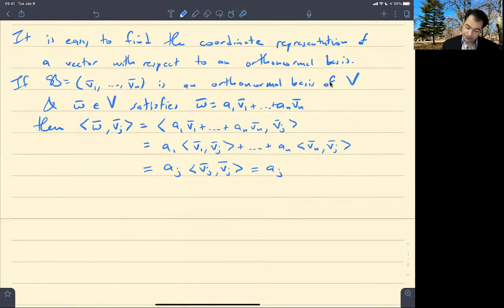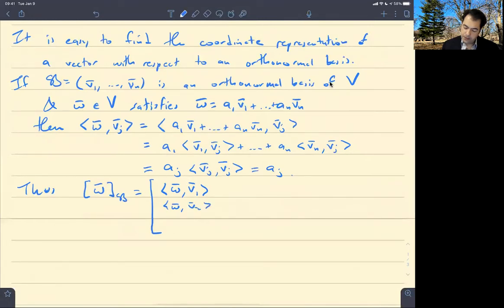So we can conclude that the coordinate representation of W with respect to the basis B is the inner product of W with v1, then the inner product of W with v2, and so on until the inner product of W with vn.